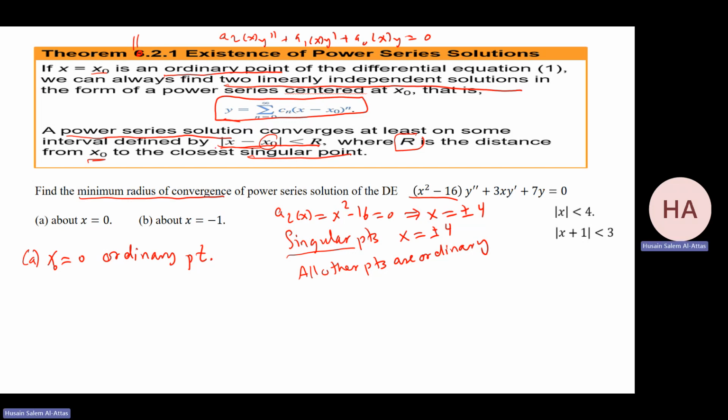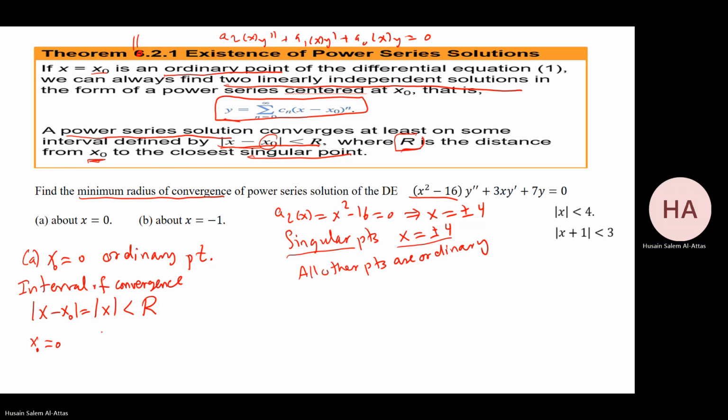So what will be the interval of convergence? It will be the absolute value of x minus x0, which in this case is x minus 0, less than capital R. What is R? R is the distance from x0 to the closest singular point. I have x0 equals 0 and two singular points. I need to find the distance to 4, my first singular point, and to minus 4.